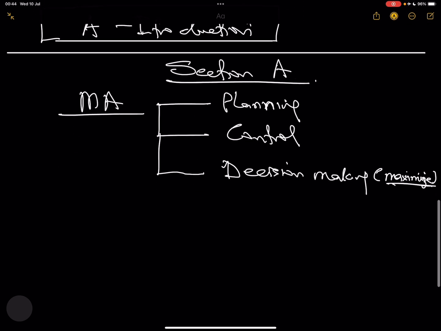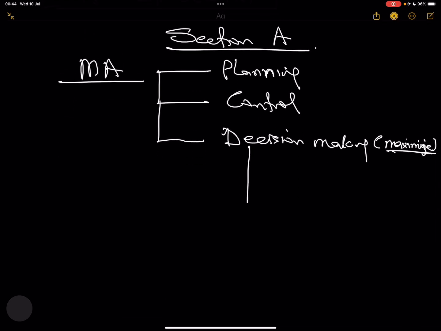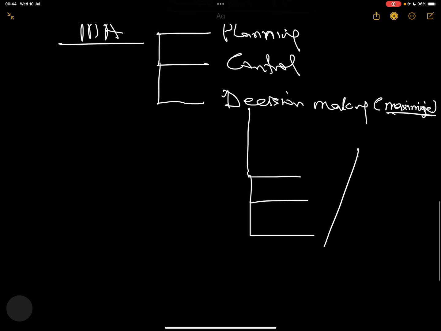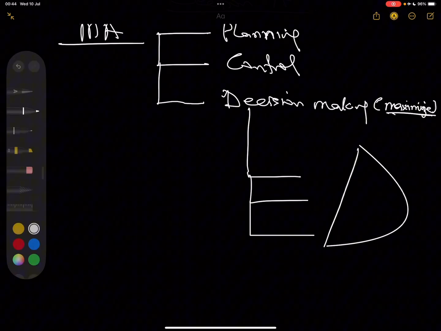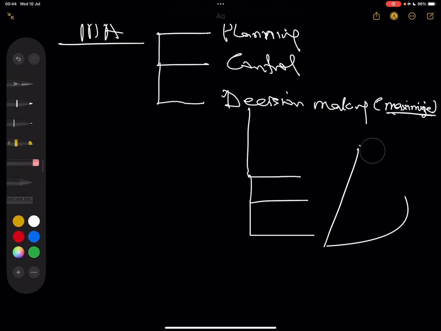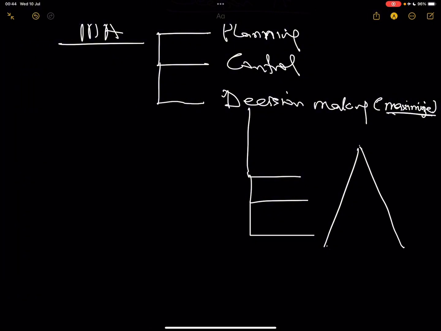And that decision making that I'm talking about here can be done at three different levels. So you have what you call, I was trying to draw a triangle, not a funny shape like that. So you're going to have three levels of decision making in any organization, which you need to know.